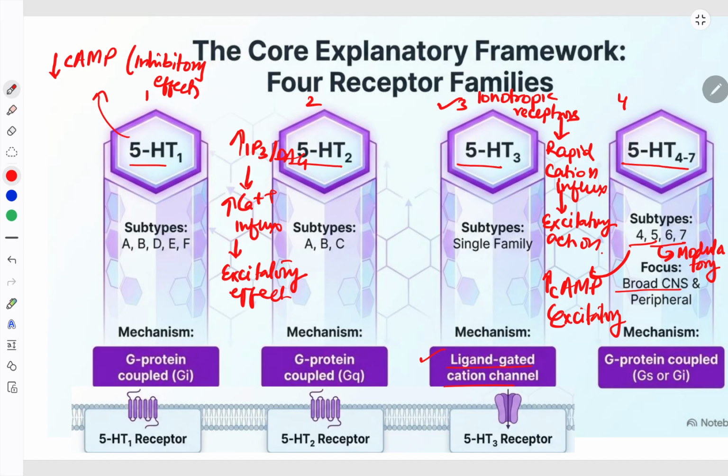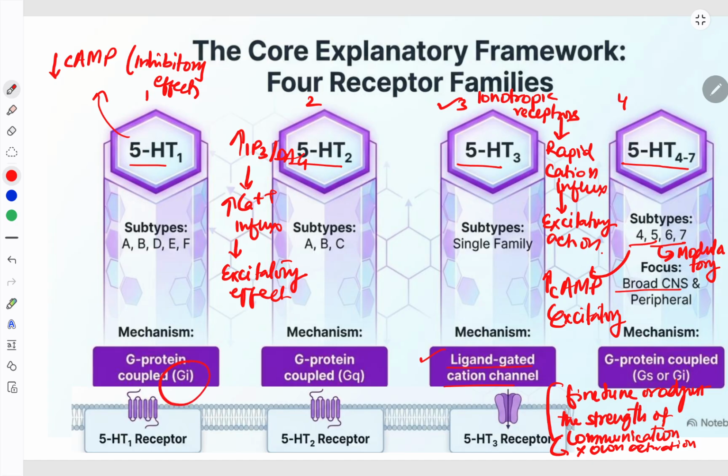CNS modulation means that they either fine tune or adjust the strength of communication between two neurons, rather than causing their own firing. So they do not cause direct activation of a neuron, rather they fine tune the communication between the other neurons.